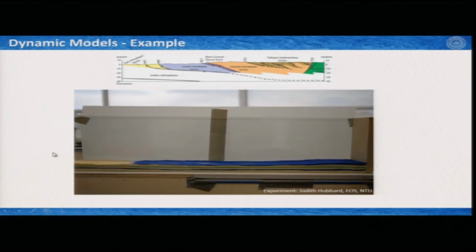These alternate yellowish, dark blue, then again yellowish, green, yellowish and dark blue layers are different sand layers analogous to the sedimentary layers, and you see deformation has already started, the belt started moving from this side.